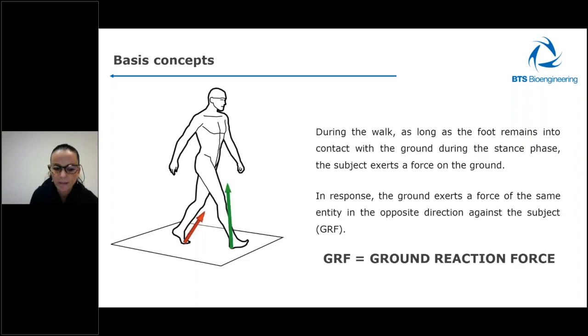As I already said, in response, the ground develops a force of the same intensity, but in the opposite direction against the subject. This force is called GRF, ground reaction force, and now we are going to analyze it.